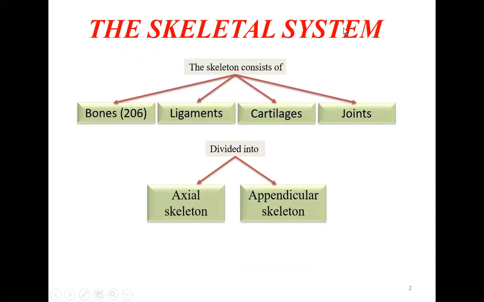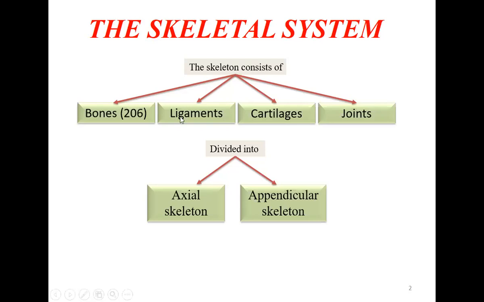The skeletal system is made up mainly of bones. In case of adults, there are 206 bones. This is the main component of the skeleton system. It is called a skeleton because it is made up of bones, almost 206 as I said in case of adults.